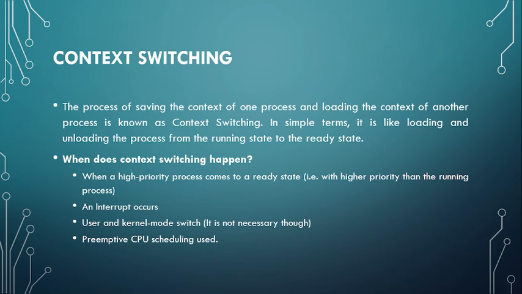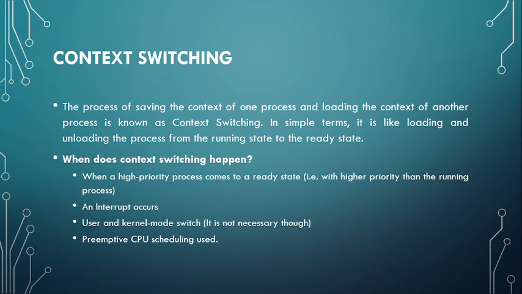So each process holds a process control block. When we swap the process out of the main memory and load another process from the secondary memory to the primary memory, it is known as context switching. In simple terms, it is like loading and unloading the process from the running state to the ready state.